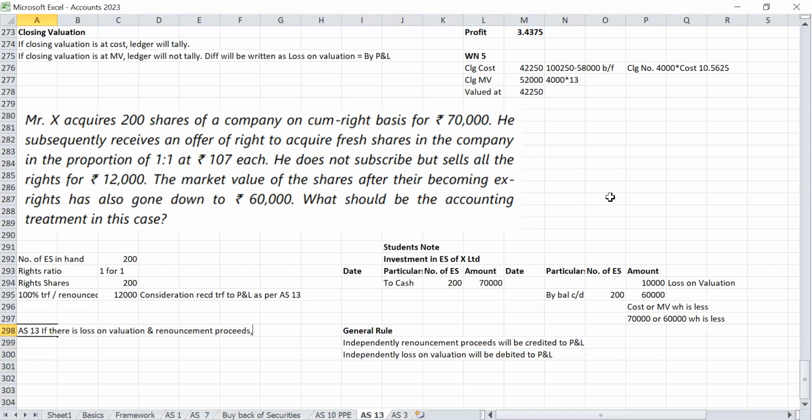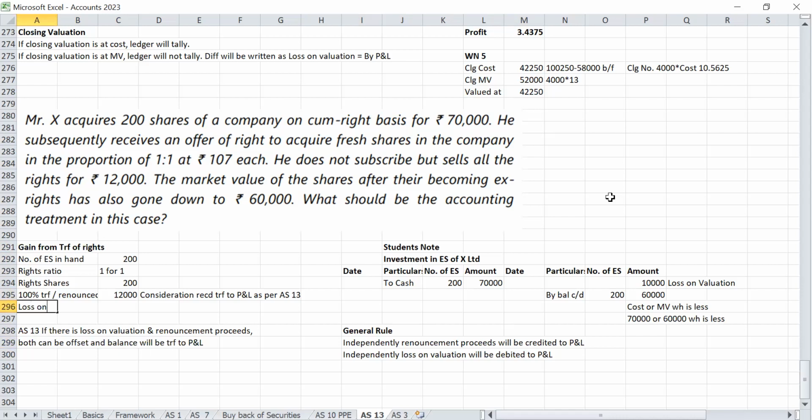But now, if there is loss on valuation and renouncement proceeds combined in one sum, both can be offset, and the balance will be transferred to profit and loss account. Here, what is the gain from transfer of rights? 12,000.